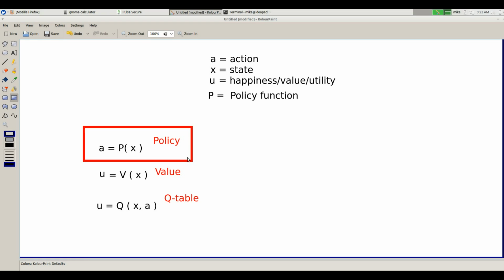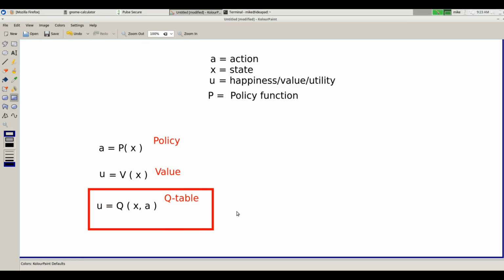The value people would say, no, we think about how happy we are in each state, and we try to get to states that make us more happy. And the Q table people kind of mix it a little bit and say, no, we think about what state we're in and what actions are going to lead to the better utility, and then we do that action.